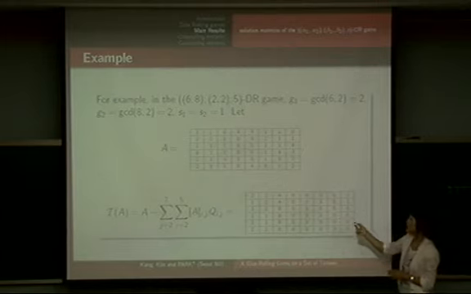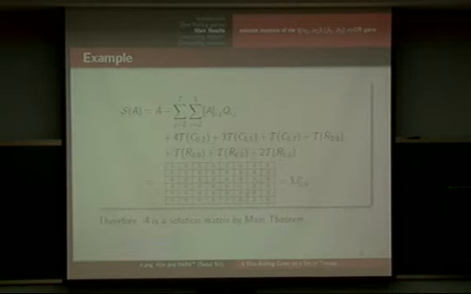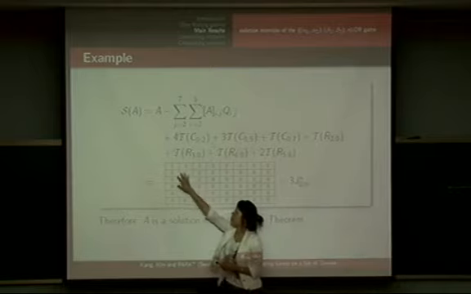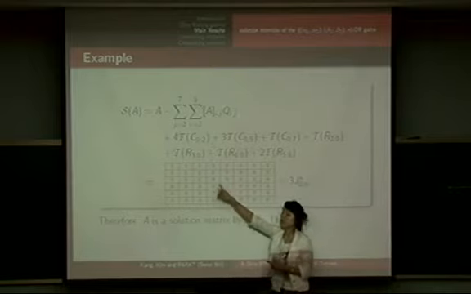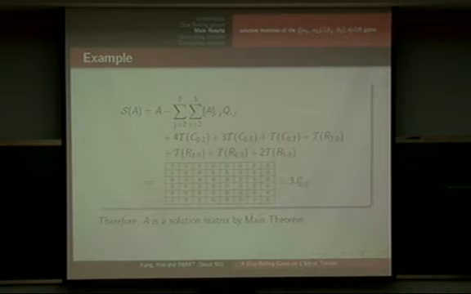But in this case, S1 and S2 are 1. So it satisfies the condition of our main theorem. And also in SA, the entries except this are 0. And the entries in this area are identical and multiples of S1, S2. So A is a solution matrix by our theorem.